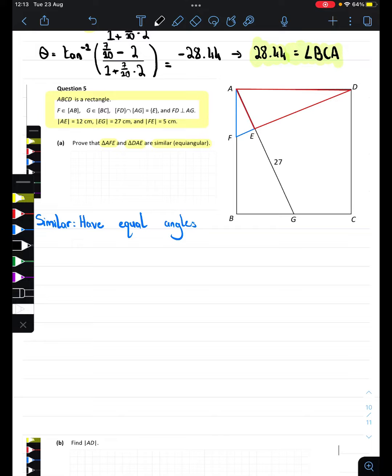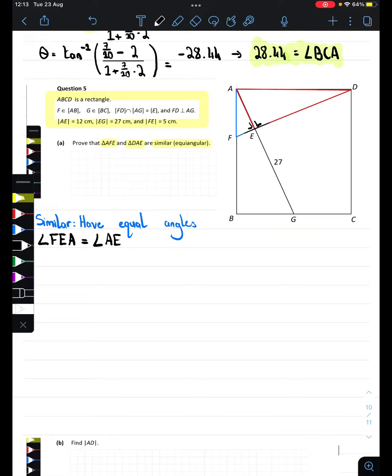And so, well, what do we know? We know that, because they've given it to us, this is a right angle. And since this is a right angle, and this is a straight line, this also has to be a right angle. So we've shown that angle FEA equals angle AED.